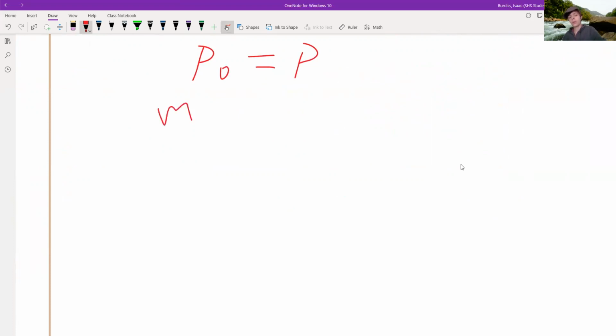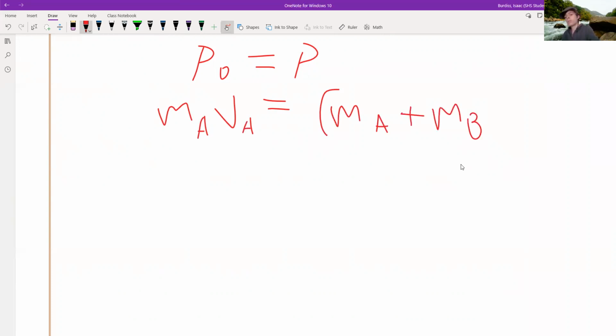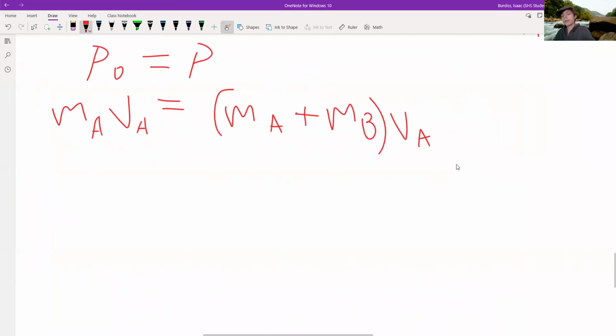So we do mass 1, velocity 1, and since this is inelastic, they are together. So we add the masses of A and B, and multiply that by the velocity of both, so we don't say A or B. We could just say VAB, but these are added only because it's inelastic, since they push together. If it was elastic, then they would be separate.